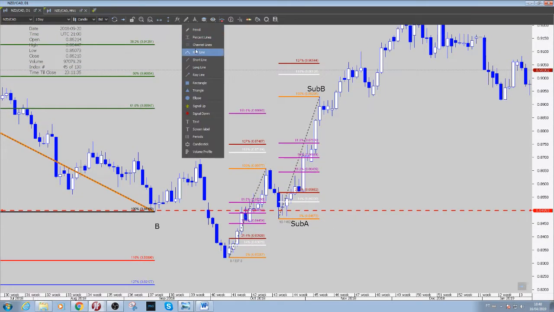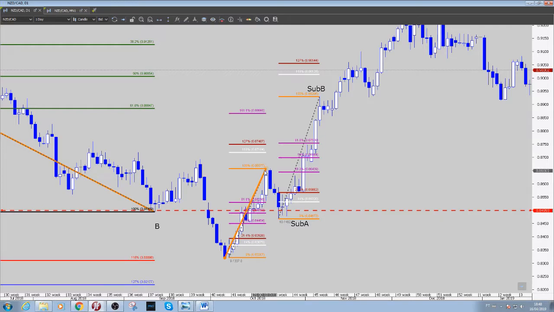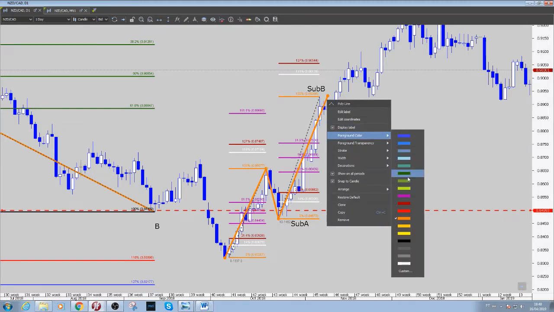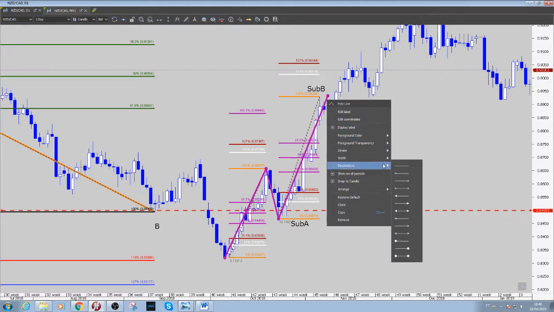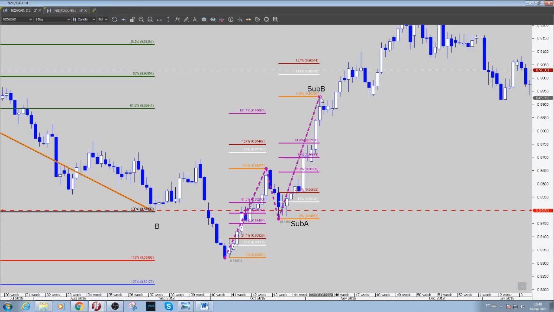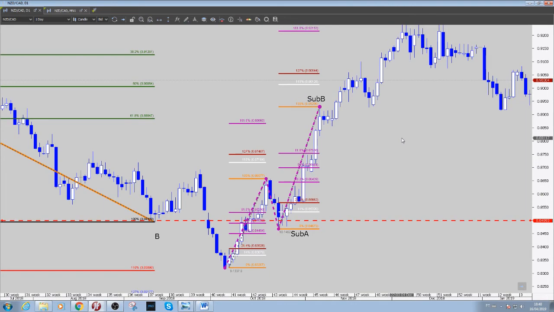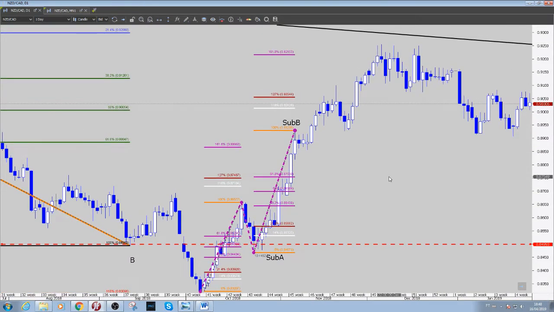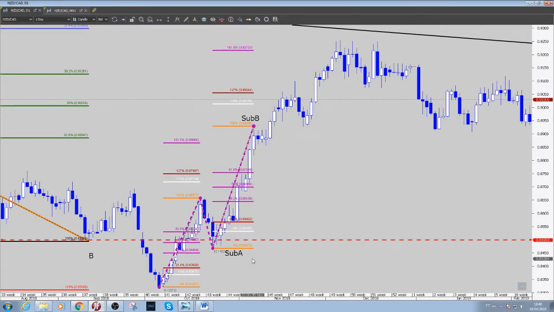and I can keep track now of the contrarian Fibonacci. Of course, I'm going to color code this differently, like in violet. I need to color it differently. So A, B, C, D, and of course we have another one.